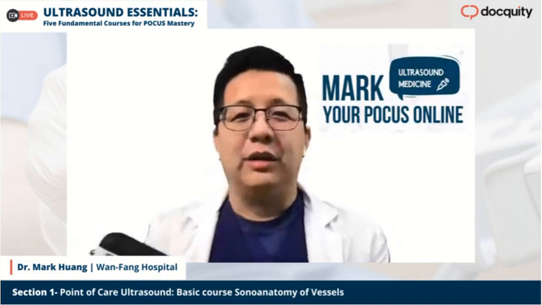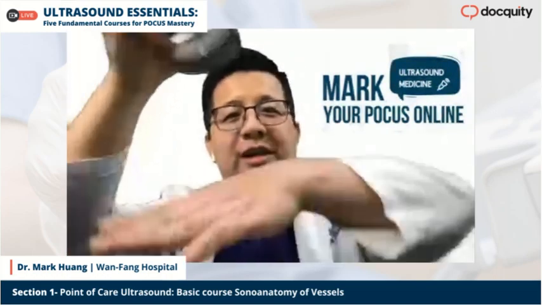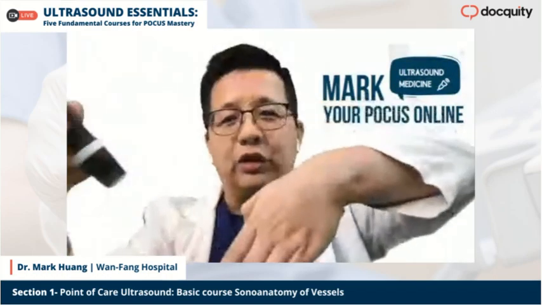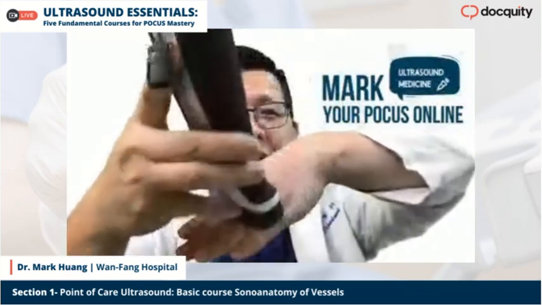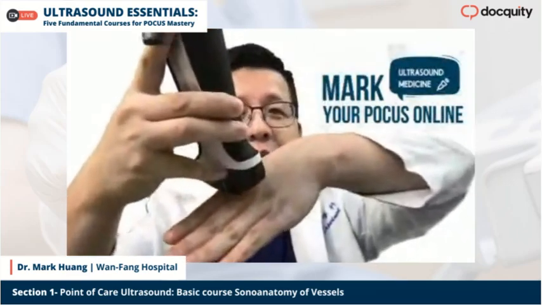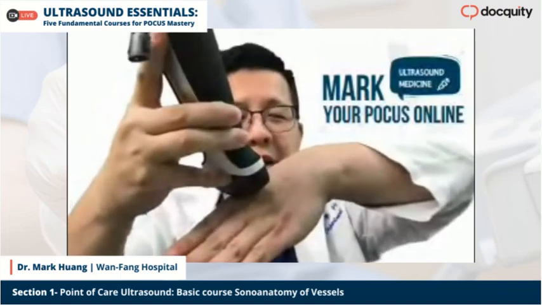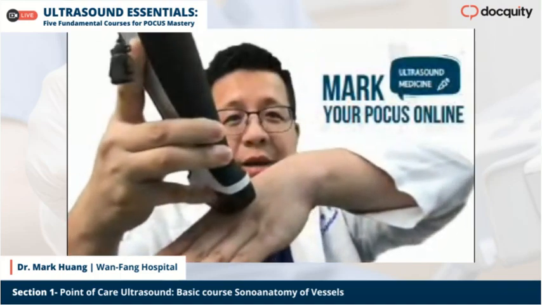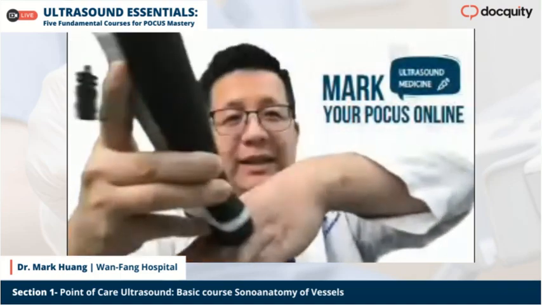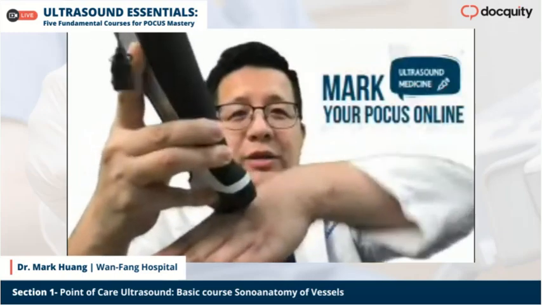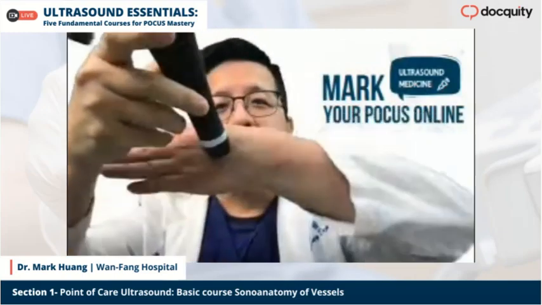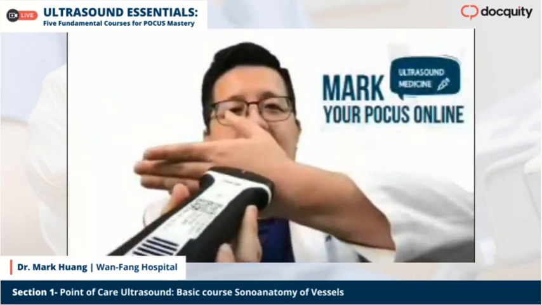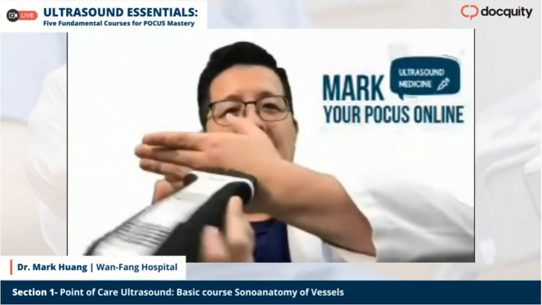When you hold your probe, sliding means you move your probe along the x axis or y axis. Rocking is just like a rocker: the lesion is over here, and you rock left and right.